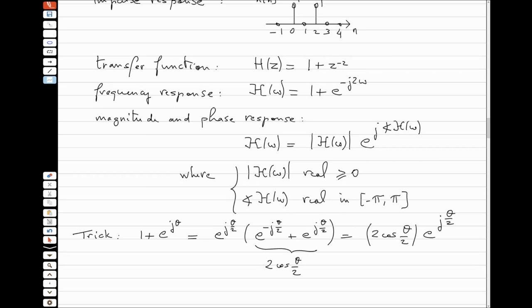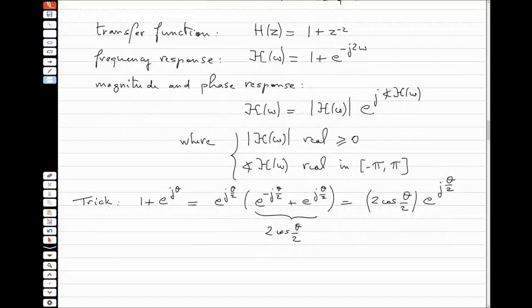Now look, looks like that, right? This looks like that. So it looks like this is the magnitude and this is the angle. Yes and no. But wait. I'm not done. So I'm not done yet because this is omega.